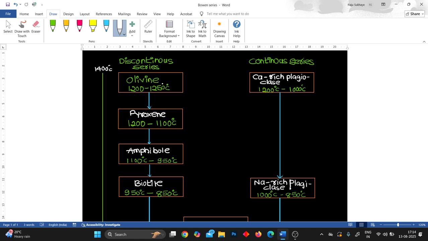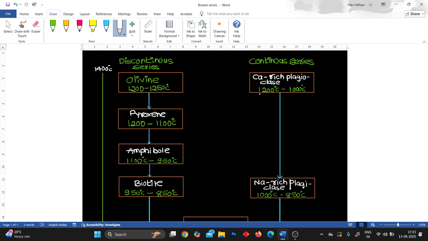Olivine is a different mineral group, pyroxene is a different group, amphibole is a different group, and biotite belongs to a different mineral group, that is mica. Here it is only one single mineral group, plagioclase.